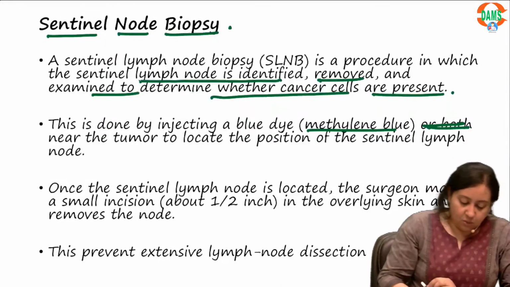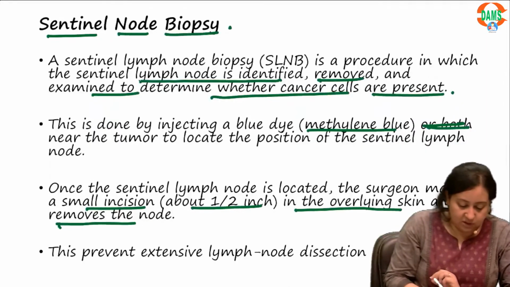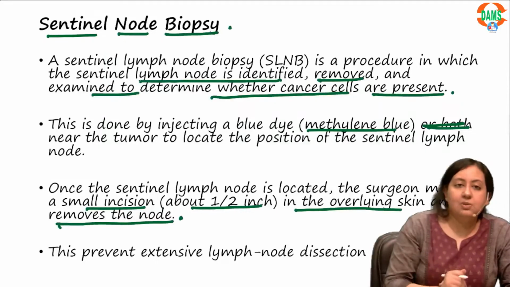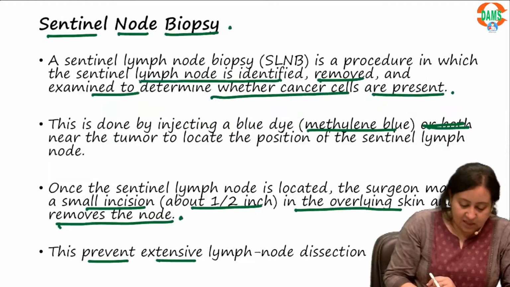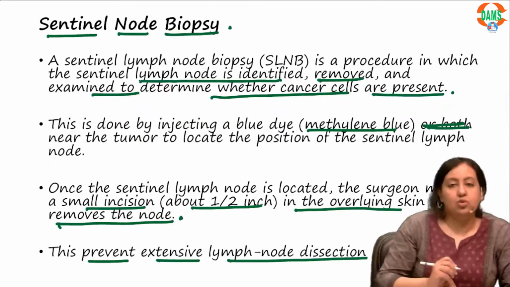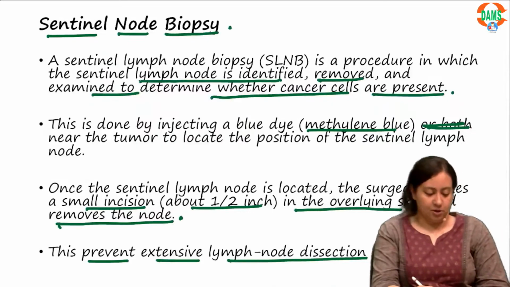Once the sentinel node is located, the surgeon makes a small incision, about half an inch, on the overlying skin and removes the particular node which has been infiltrated by cancer cells, and this prevents extensive lymph node dissection. So this is an advantage. You just need to remember this much.